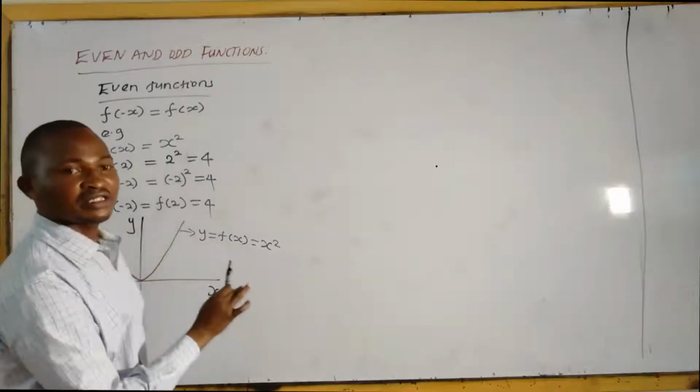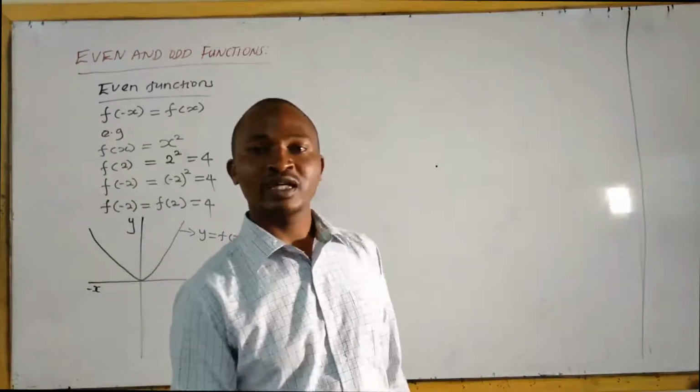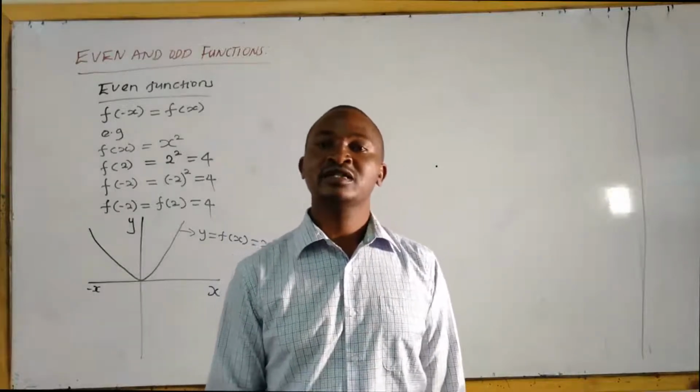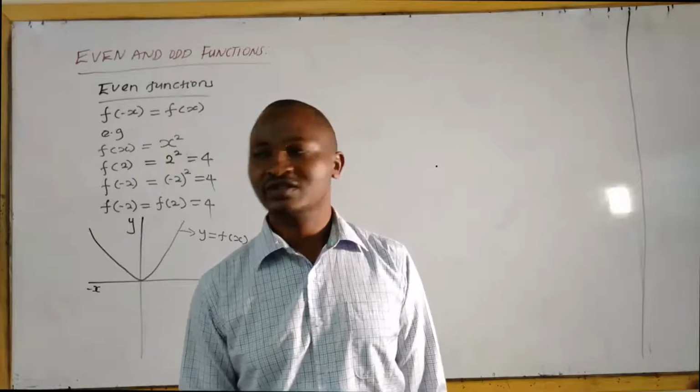Therefore, you can say y is equal to x squared is symmetric about the y-axis, and therefore it is an even function.